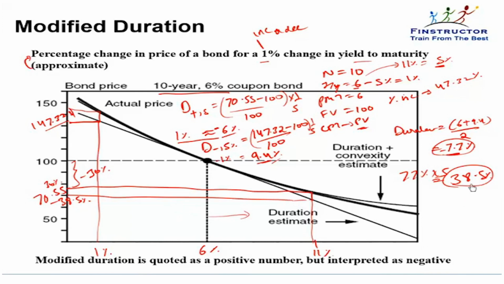Actually, the price falls by only 30%. When yields go down, duration says the price of the bond will rise by 38.5%, because it's one number. It's simply the percentage change for a 1% change in yield. Actually, the price will rise by 47%.